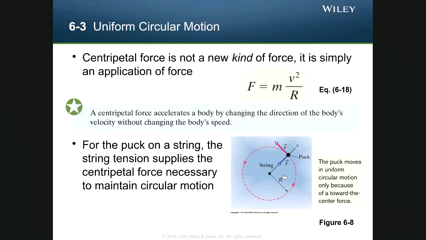Okay, so if you put a puck on a string, the tension supplies the centripetal force necessary to maintain circular motion. So here you could see that the tension in this particular problem would be equal to mv squared over r, because that force would be keeping the puck in that uniform circular motion.